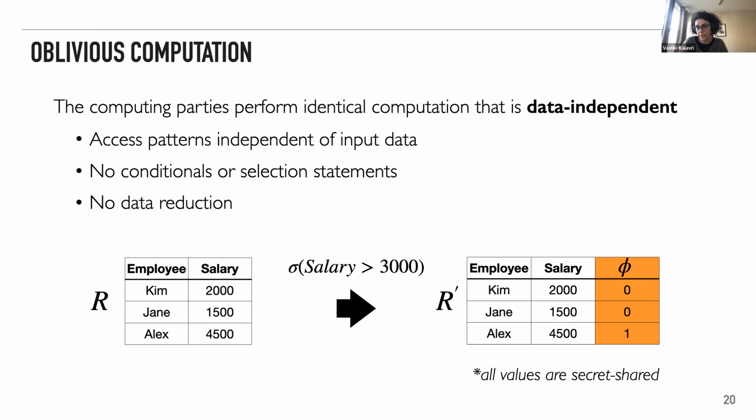The parties will not actually have 0 or 1; they will have random numbers that, if they put them together, give 0 or 1. And so I will append an extra column to my table that indicates whether this row belongs to the result or not.